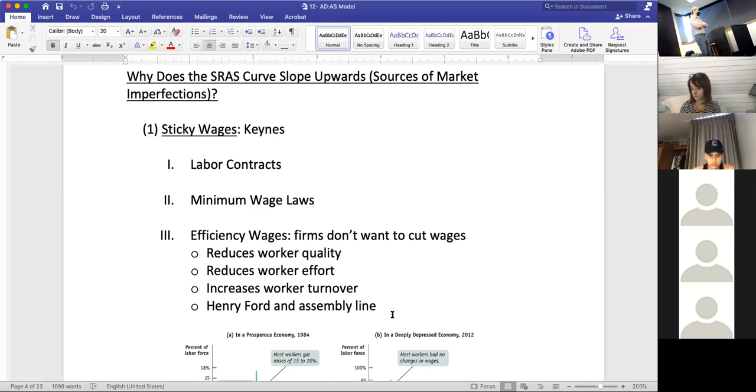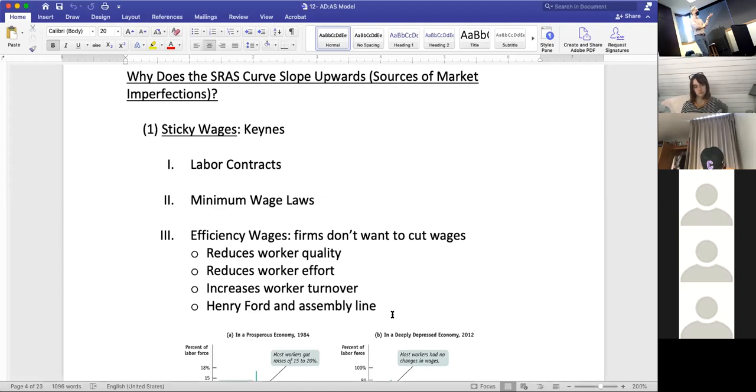It sounds wrong when you first hear it, but the more you think about it, you think about how right it is. Efficiency wages simply says firms don't want to cut wages. Firms actually prefer to pay workers higher wages. Why? Because it gets them to work harder. Firms are very reluctant to cut wages because they're worried what impact it could have on productivity of their workers.